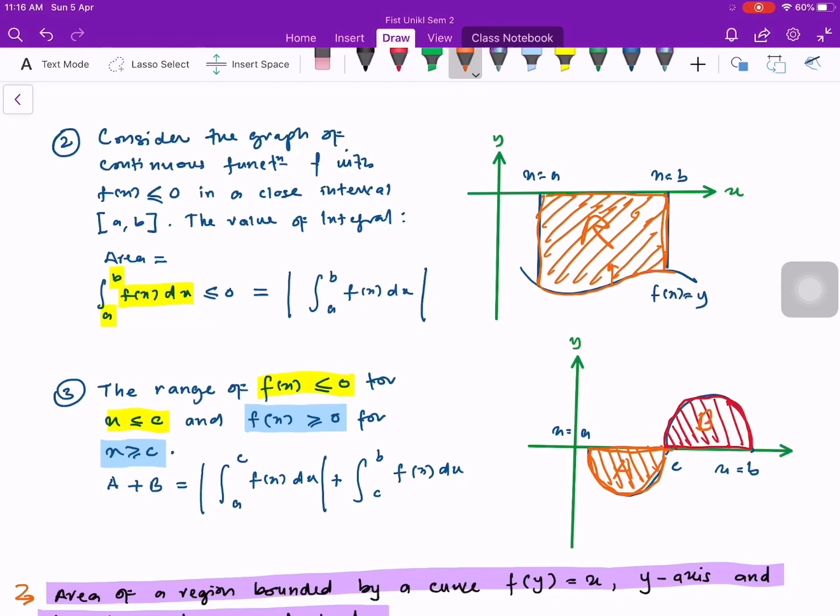Since region A, we are going to integrate the function f(x) with the limits from A to C. So in this case we are going to have a negative region, so kita letak nilai absolute, sebab kita nak ambil nilai positif saja. Plus the integral of f(x) dx with the limits from C to B.